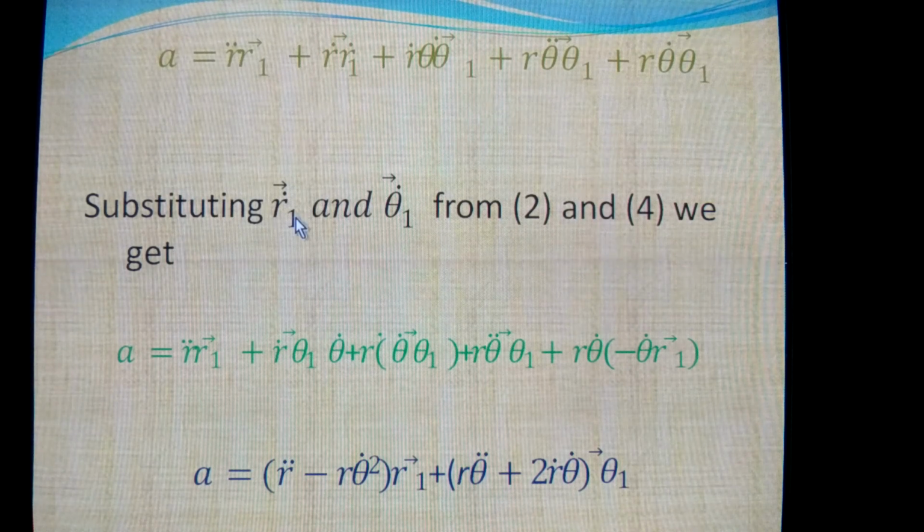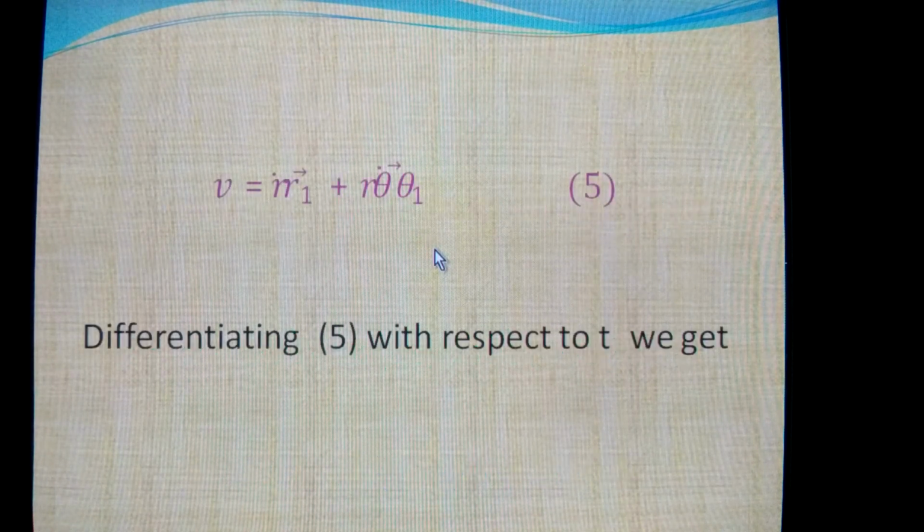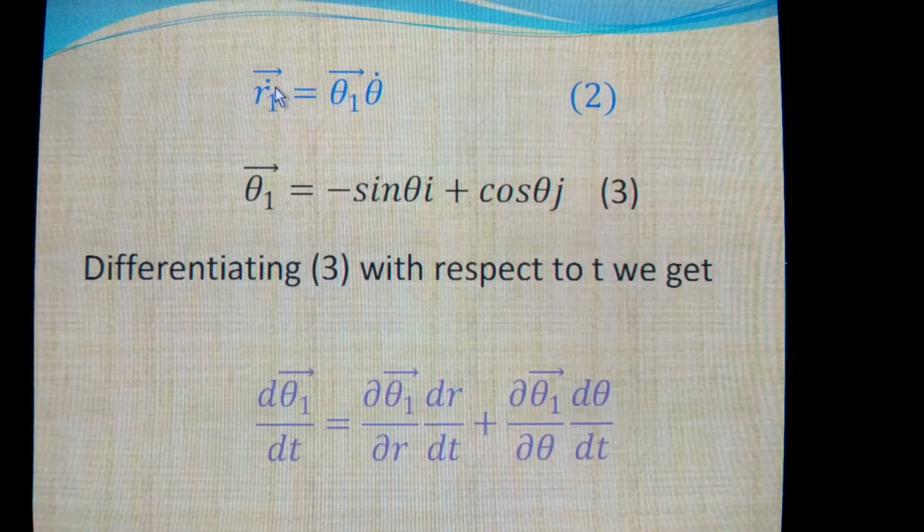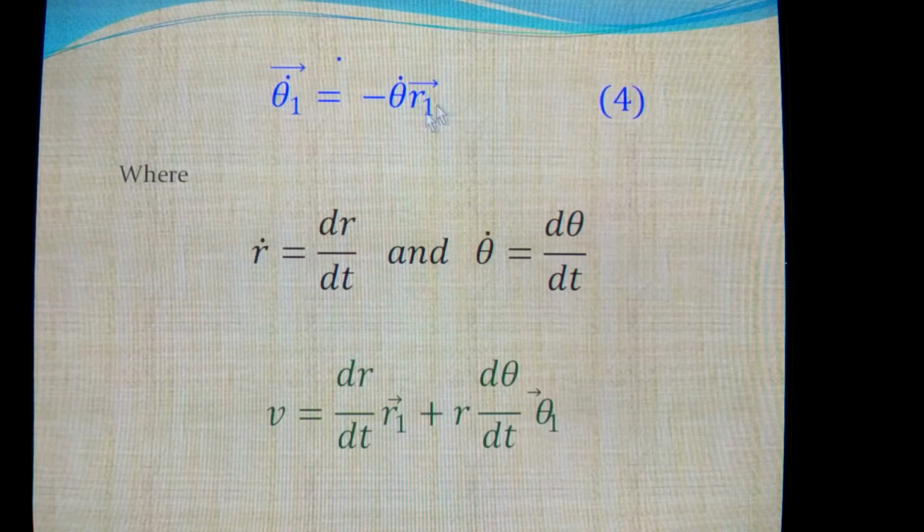Now we substitute r1 bar dot and theta 1 bar dot from equations 2 and 4. Now see, this is what I told you, we need these extra quantities, that is r1 bar dot and theta 1 bar dot.